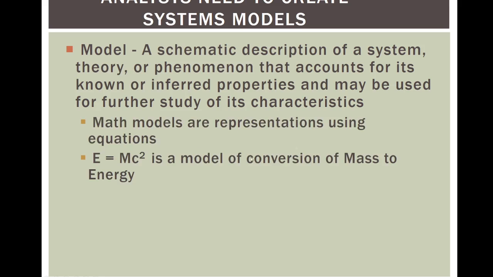All right, and so one of the things that we've probably all seen before is some type of math formula. And so here we've got E equals mc squared as a conversion of mass to energy. This is one of Einstein's great things.